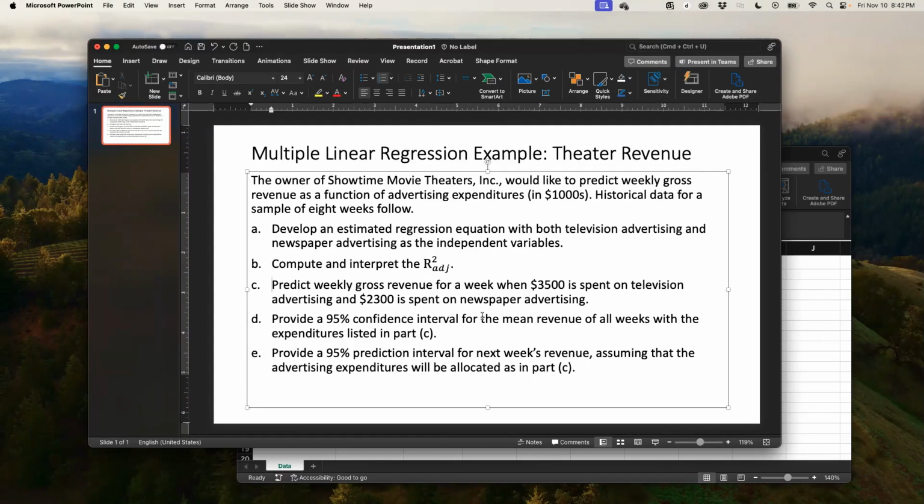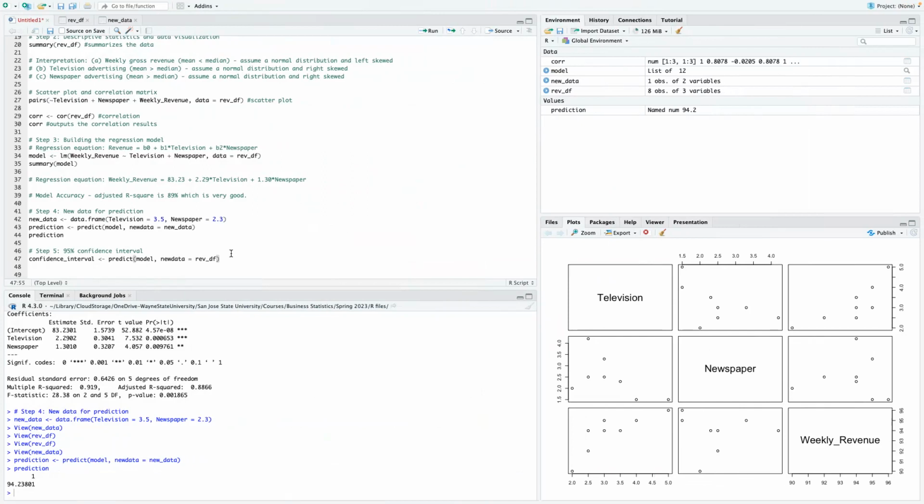So we have to use what we did in part C, for all of the weeks with the expenditures listed in part C. So let's try to do that.